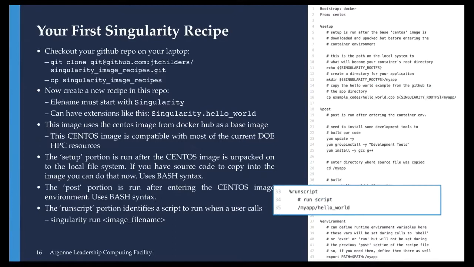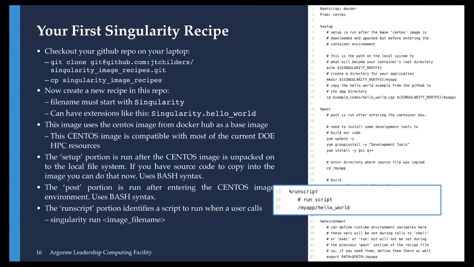And then the runscript part of this recipe, in Singularity, you can run your container like an application, and this just tells Singularity the application inside the container that should be executed. And I'll show you how the command actually looks when you're running it.